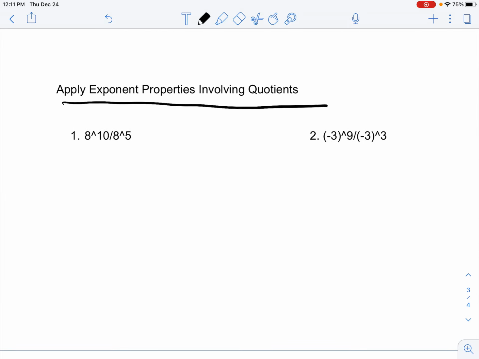Now let's try applying exponent properties involving quotients. So what this basically means is that when you divide exponents, you're basically just going to be subtracting. So you would get a to the 5.